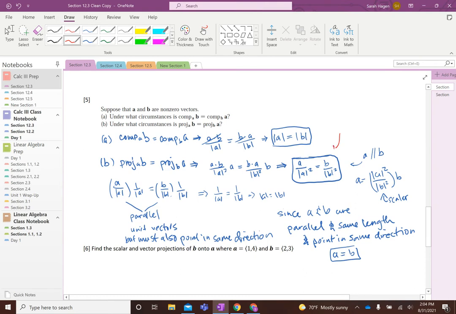Again, starting from here, I was kind of thinking geometrically and thinking, well, if the projection vectors are the same, then the components also have to be the same.